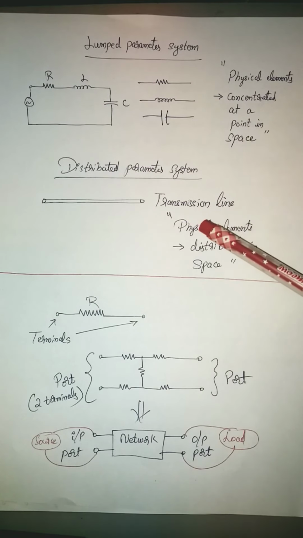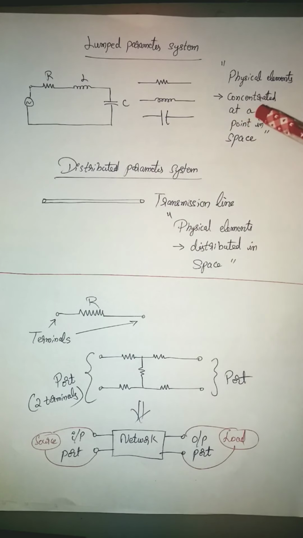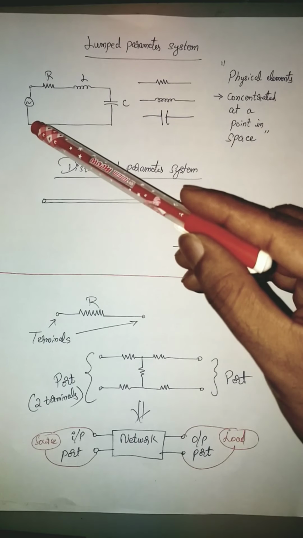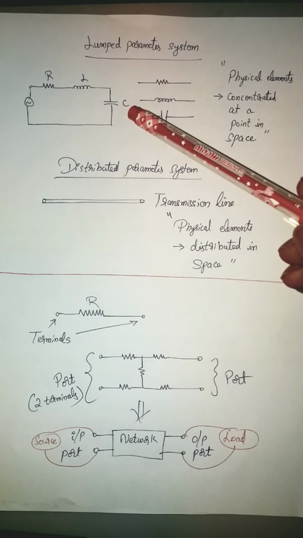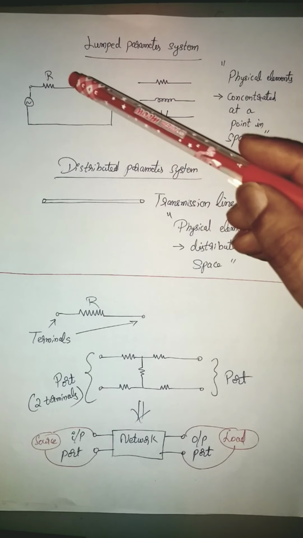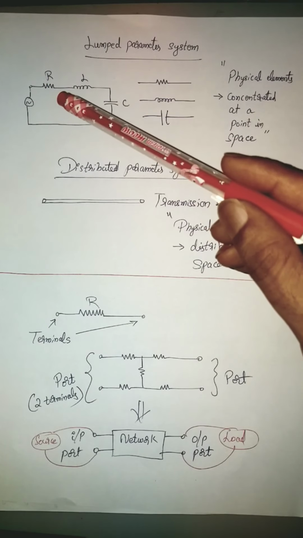So now let us understand what is lumped, what is distributed, what we mean by concentrated at a point in space. See here, if you see this circuit, say source R, L, and C, physically you are able to locate R, locate L, and locate C at a particular point in the circuit.